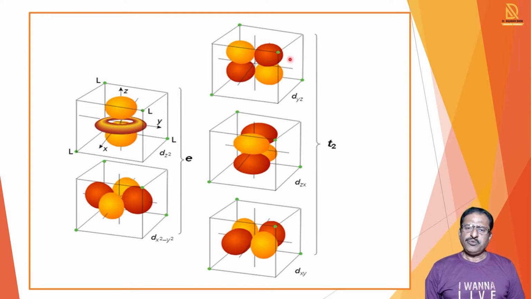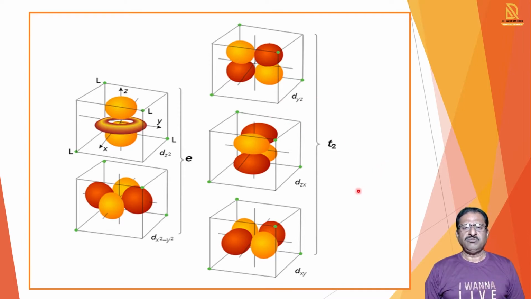But if we see the distance, then in the T2G orbitals, the ligands are closer to the T2G orbitals. And in the case of the EG, the distance between ligand orbitals and metal orbitals is farther as compared with T2G.